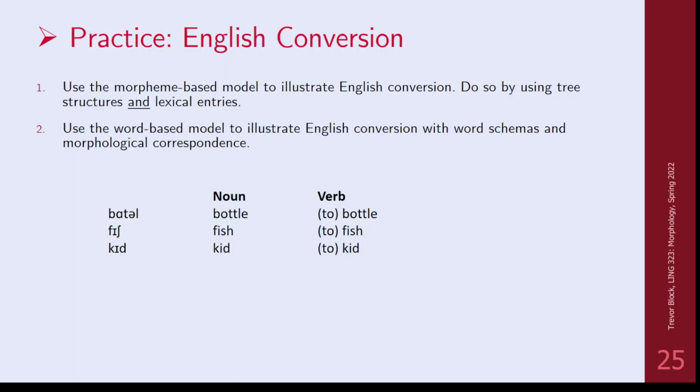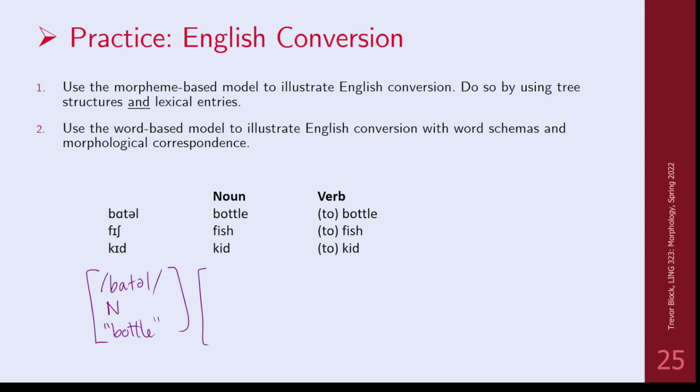So if we want to do conversion, you can try these questions yourself. With the morpheme-based model, we might do a word like bottle, and sorry, I won't use IPA for bottle. This is a noun, and this has the meaning of bottle. So that's how we could do it in the morpheme-based. But how do we do conversion then?